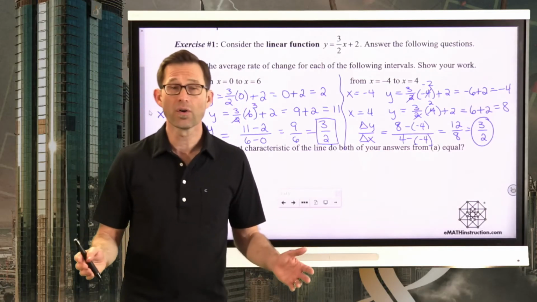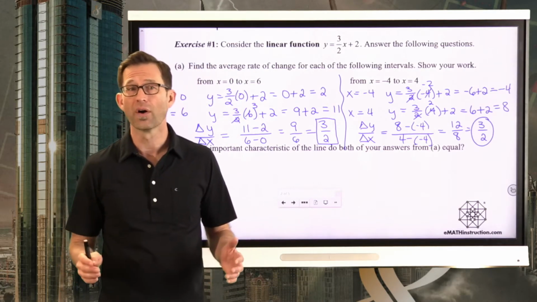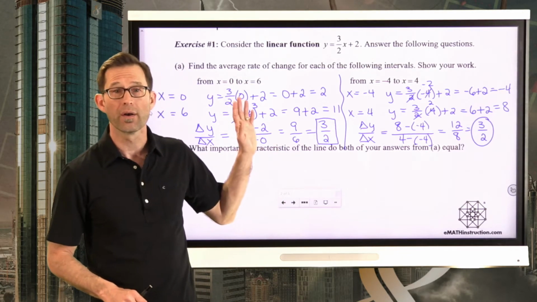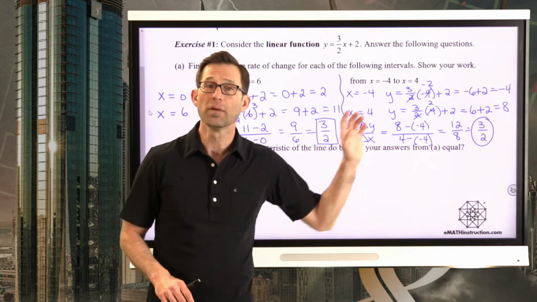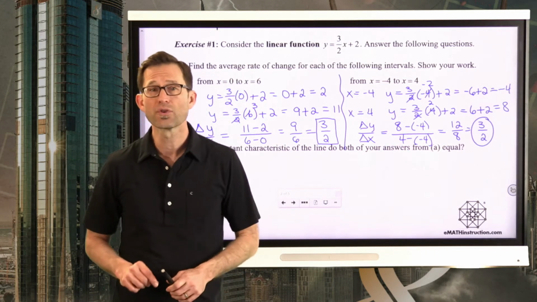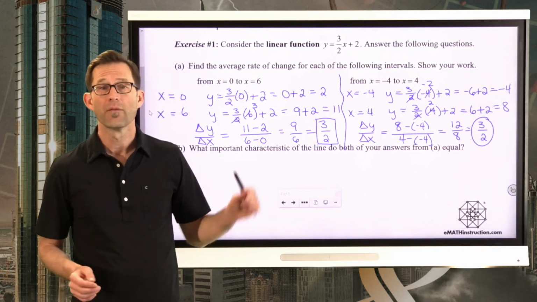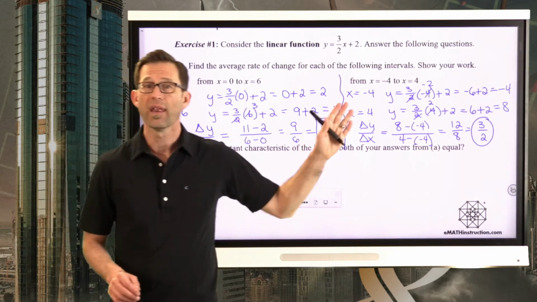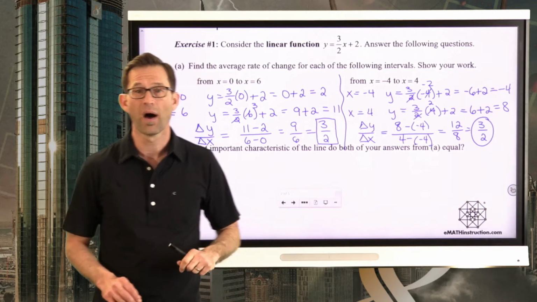Now, for all functions that are not linear, the average rate of change over one interval doesn't tend to be the average rate of change over another interval. And yet these 2 average rates of change were the same for both the interval from x equals 0 to x equals 6 and x equals -4 to x equals +4.